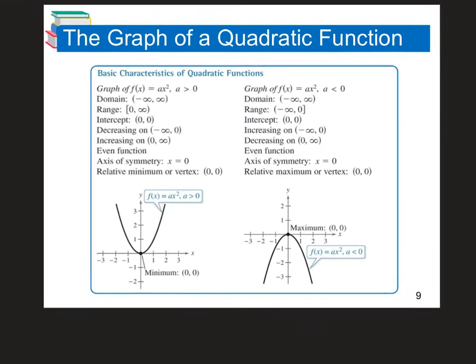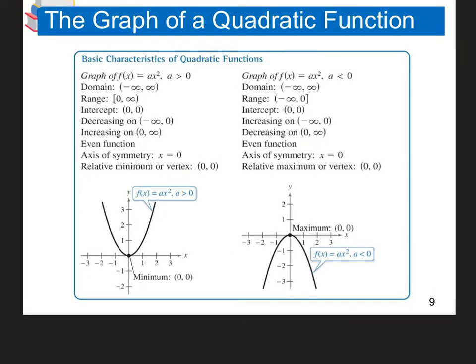Okay. This is basically what I just said. Your domain for every single quadratic function is always going to be negative infinity to positive infinity. If it's a positive parabola, your range will always be from the y part of the vertex, and it'll include it, to infinity.